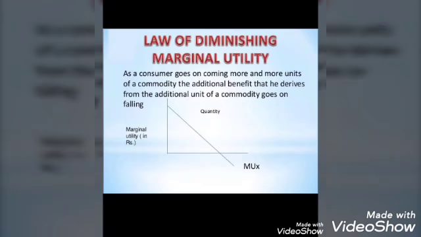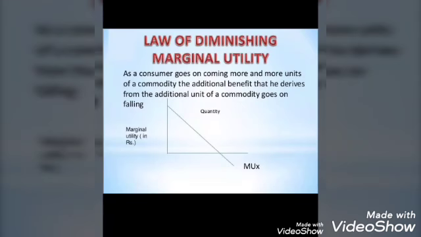To end our hunger, we have to take another chapati at the same time. If we take a time interval between these two chapatis, then our utility does not decrease, that means we can't be satisfied. So these are the two assumptions of the law of diminishing marginal utility.